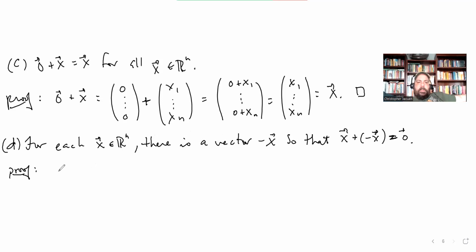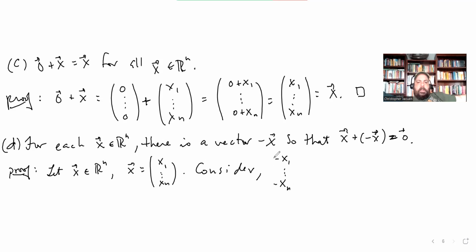So let x be an element of Rn, then we know that x is x1 up to xn. Consider the vector negative x1 up to negative xn. Let's call this y for now.